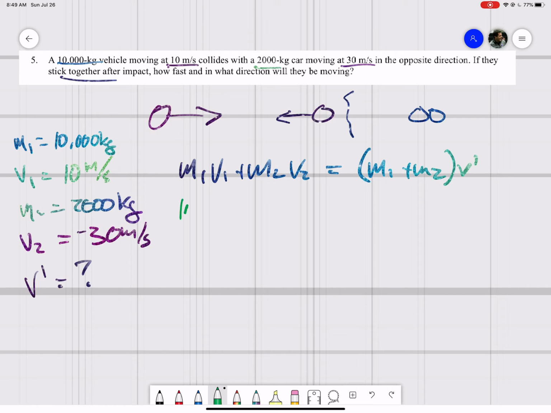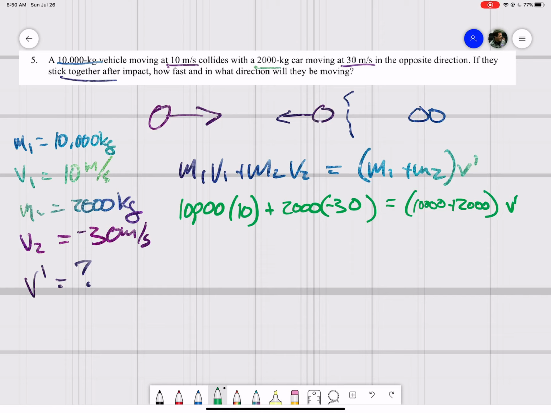We have 10,000 times V, which is 10, plus 2,000 times negative 30 is equal to 10,000 plus 2,000 times our new velocity we're looking for. So we can do all our work from there.